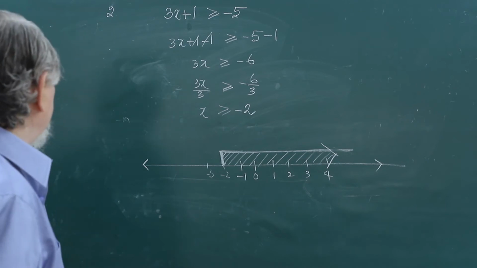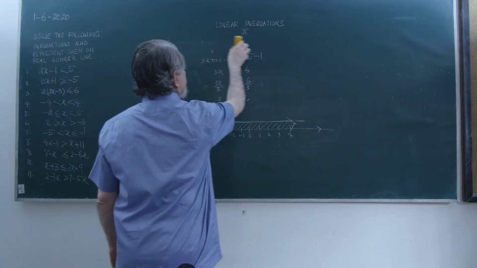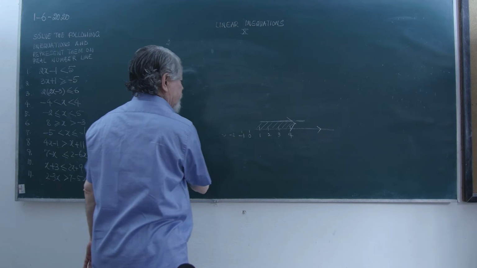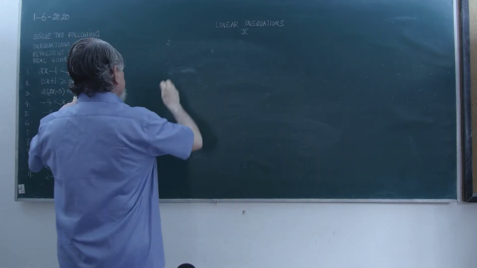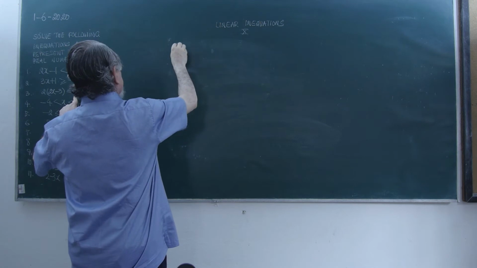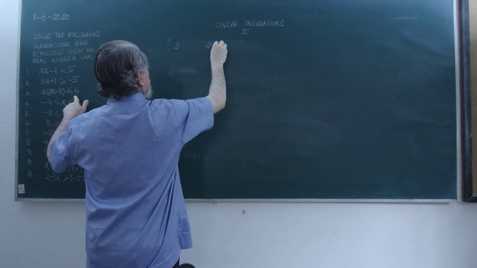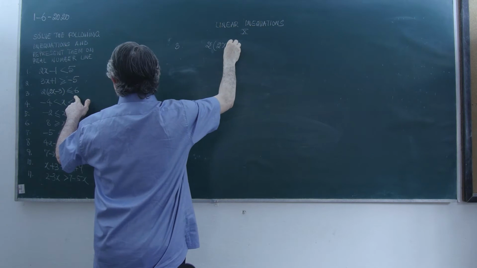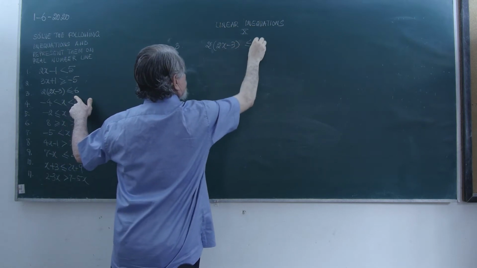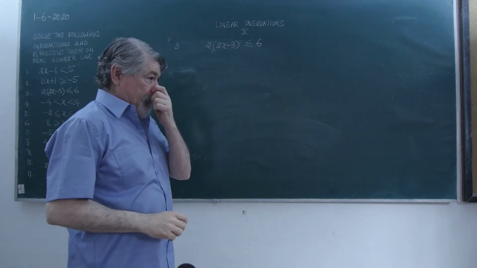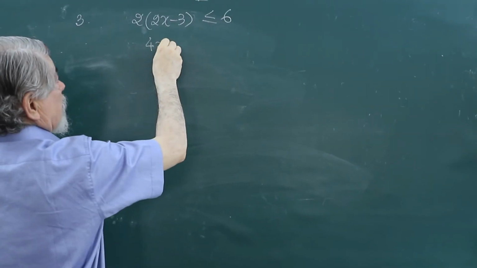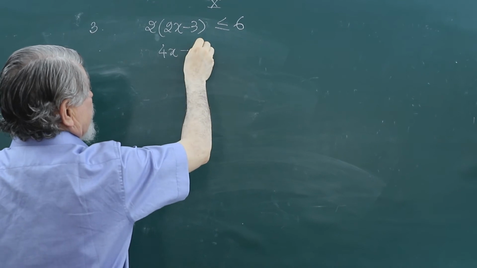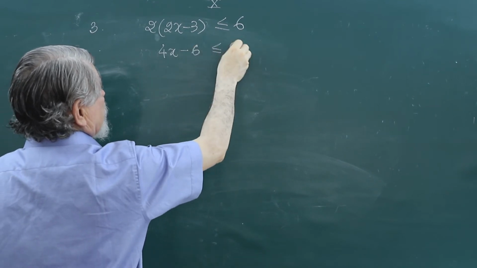Now let us see question number 3. Question number 3 is 2 into 2x minus 3 is less than or equal to 6. Let us open the bracket. 2 2s are 4x, 2 3s are 6, is less than or equal to 6.